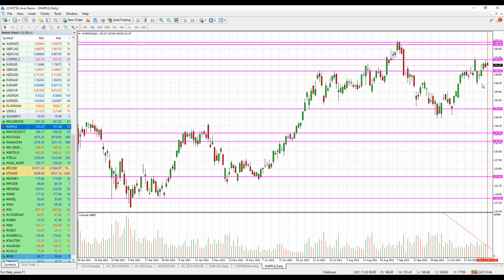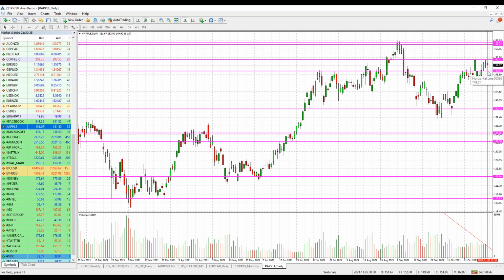Apple, we said Apple dipped below 150, and this week we actually managed to stay above it. But with the markets going higher, I don't see Apple making new highs, so it just triggers a thought. Maybe it has some hesitation, and it might dip back before going higher.